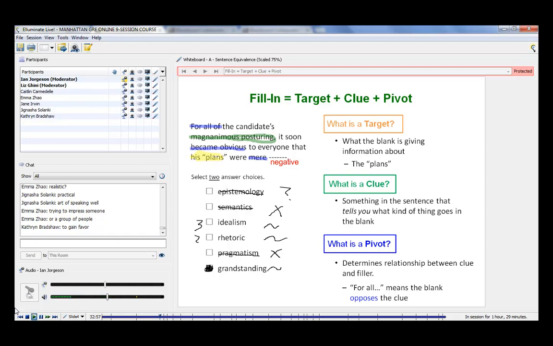Specifically, does it have to do with your philosophical beliefs, or does it have to do with how you present yourself, how you speak? Yep, and Jignasha's got it now. Now that we look more carefully, the answer for this pair is actually rhetoric and grandstanding.